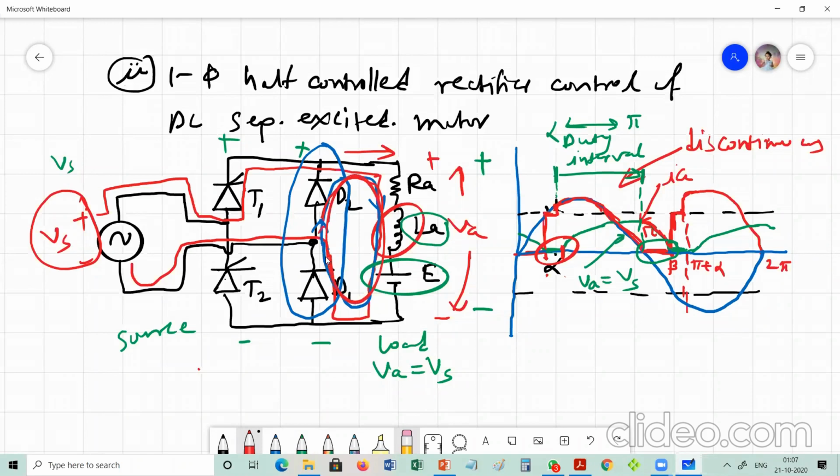So this period, starting from pi to beta, is known as the freewheeling interval. Why is it known as the freewheeling interval? Voltage is zero but current is there and it freewheels through diodes D1 and D2, which means the load is short circuited through diodes D1 and D2.